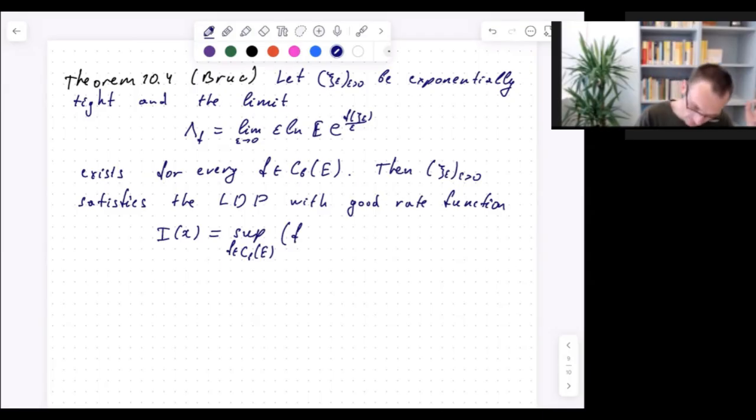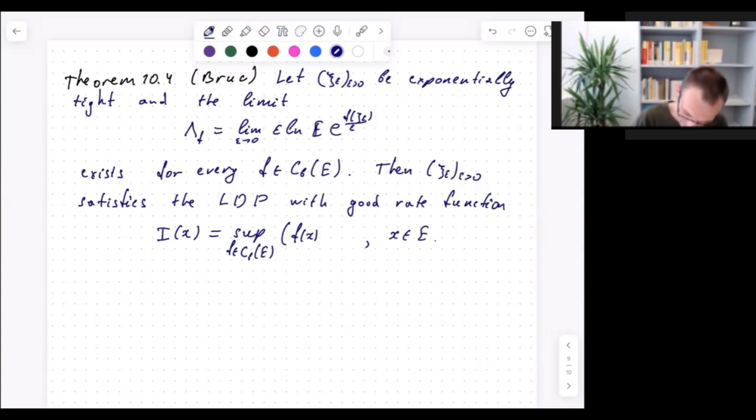Before, in the Legendre transform, we had lambda multiplied by x, and then minus the cumulant generating function, that now plays the role of lambda, for x belongs to E. Oh, I'm sorry, here is a typo, because you see that in the right hand side there is no x.